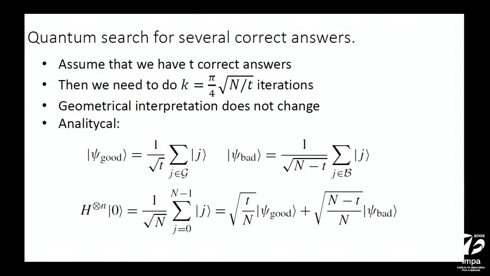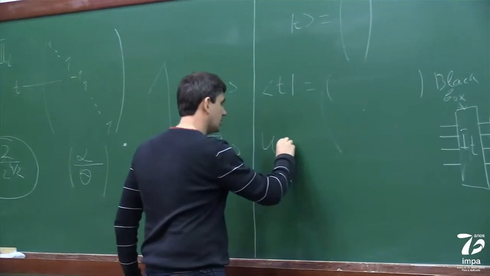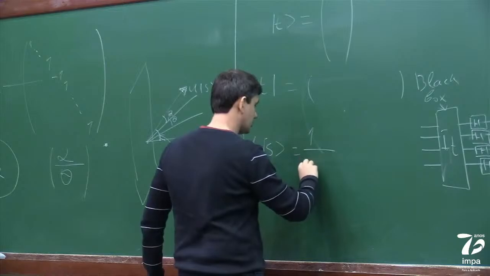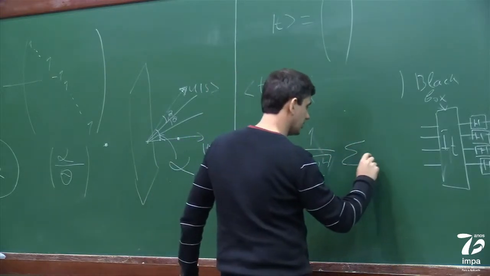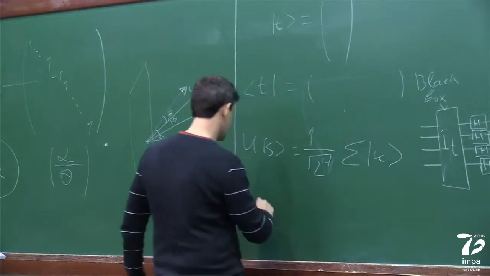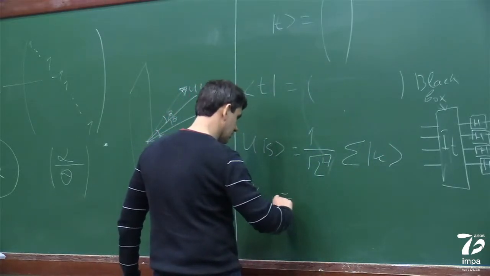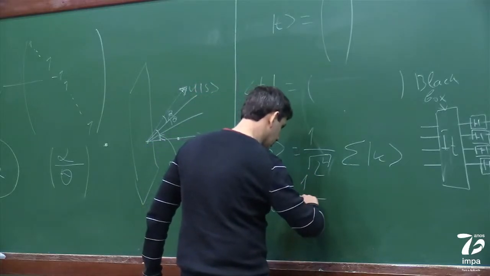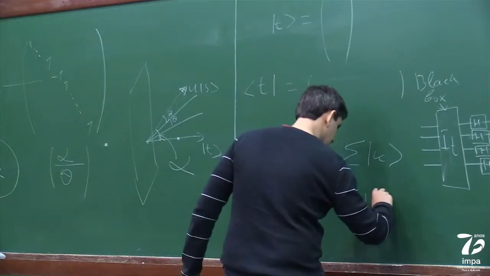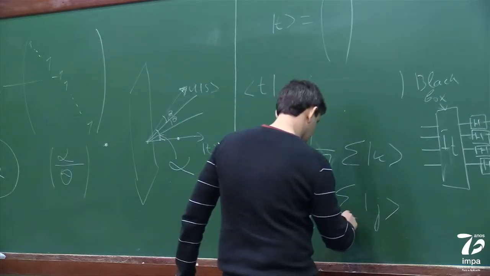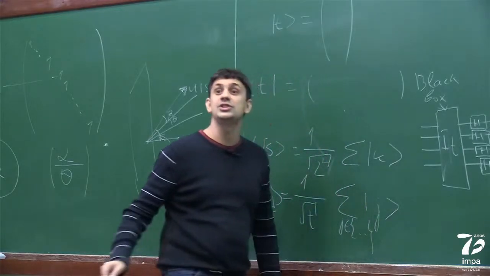I have, so, the uniform superposition with coefficient 1 over the square root of 2 to the power n, sum over k. Now psi good is 1 over square root of t, sum of some j's, with j in some set of length t.